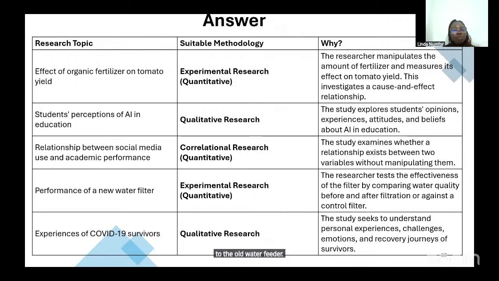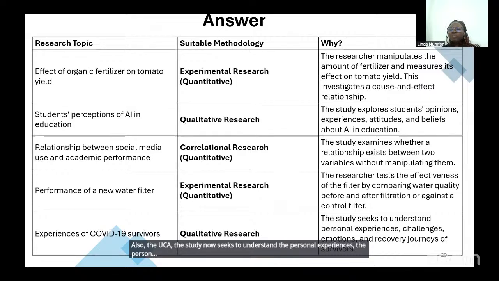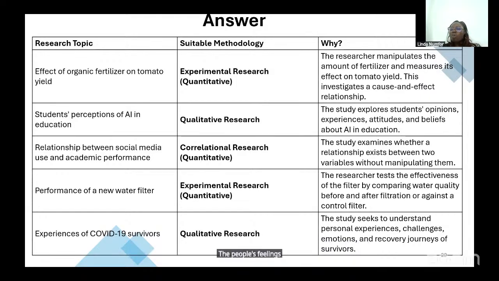Then experiences of COVID-19 survival, qualitative, of course, as you said, descriptive can also be used here. The study now seeks to understand the personal experiences, the people's feelings, their recovery journey, the challenges during COVID. How did they survive?